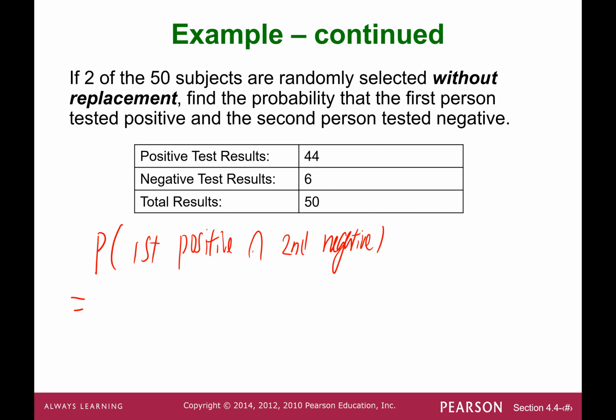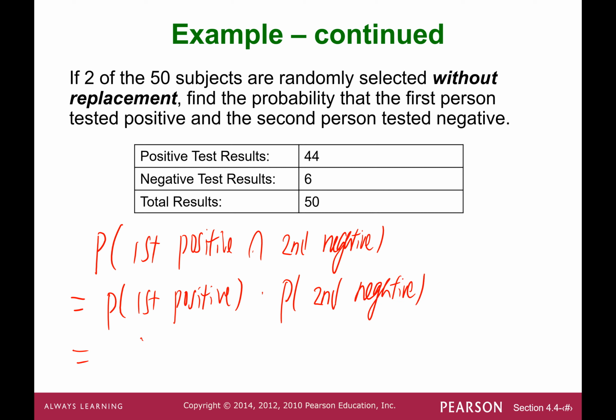So using the multiplication rule, the probability of first positive times the probability of second negative. First positive will be 44 over 50. For the second negative, since we're picking one, there are already 49 subjects remaining. We have 6 negative test results, so 6 over 49. Now you can simplify this, or we can turn it into decimal numbers.